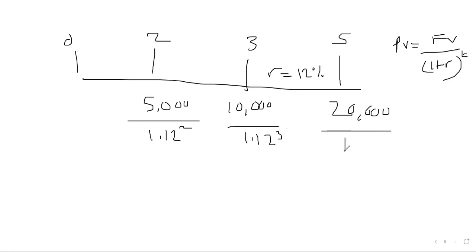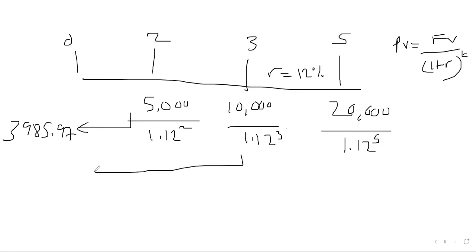With this one, the respective numbers that are there are the ones that you use. So this 5,000 today is not worth 5,000. You divide it by our discount factor. It is actually 3,985.97.